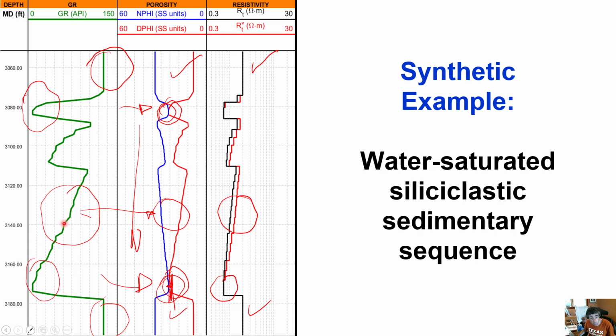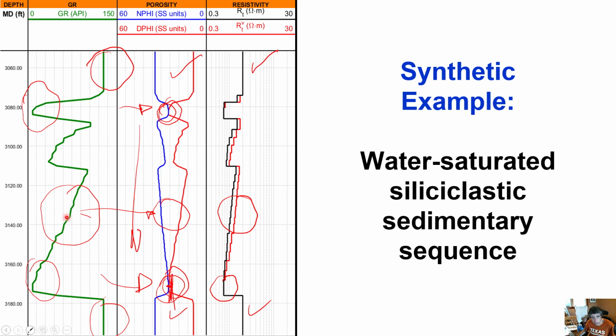And because of that, within the volume of investigation of the measurement, we have small layers of shale, small layers of sandstone, and those have given rise to electrical resistivity anisotropy. Now, the electrical resistivity is one perpendicular to bedding plane and one parallel to bedding plane. So those laminations are invisible, if you will, just because the volume of investigation of the measurements is larger than the individual layers.